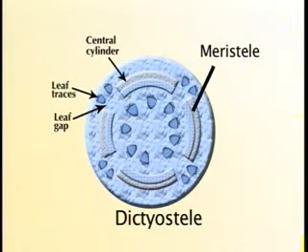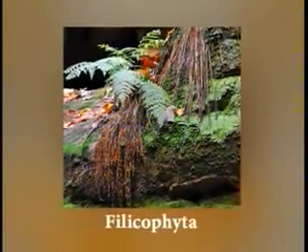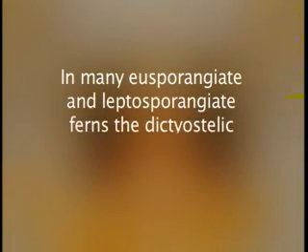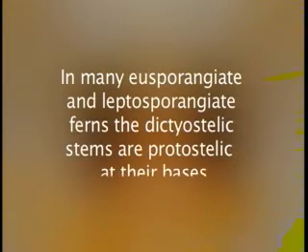In case the leaf gaps overlap, the resultant stele is called the dictyostele. Dictyostele is very common in Filicophyta. In many eusporangiate and leptosporangiate ferns, the dictyostelic stems are protostelic at their bases.